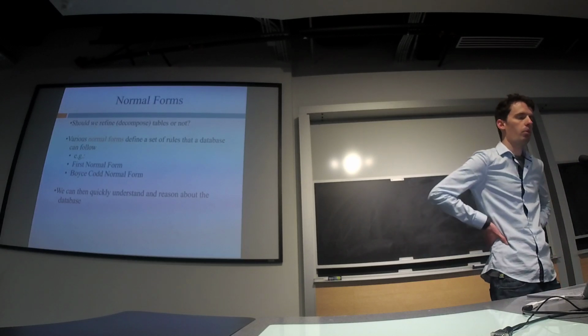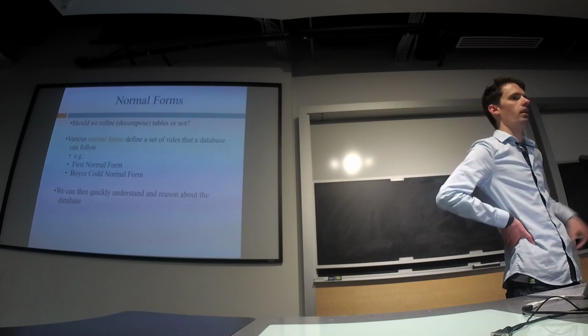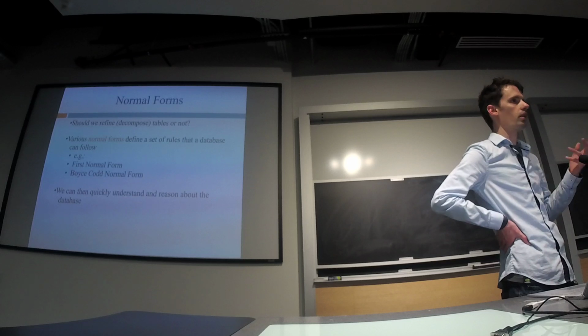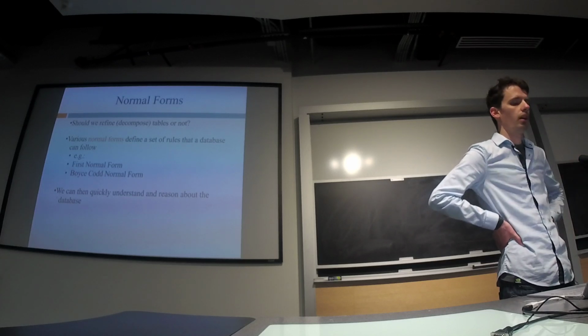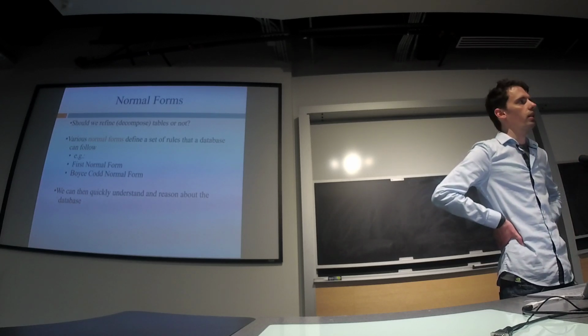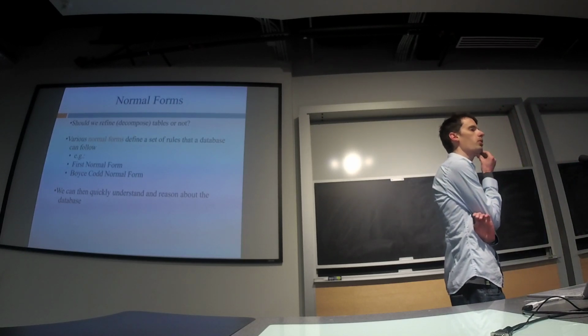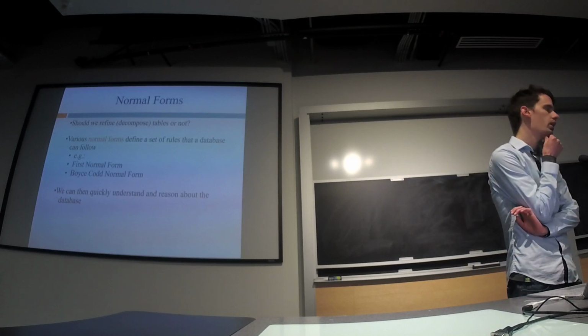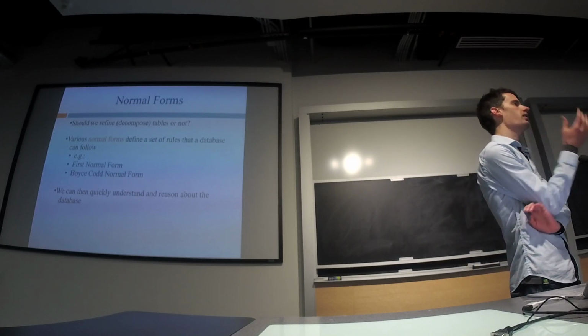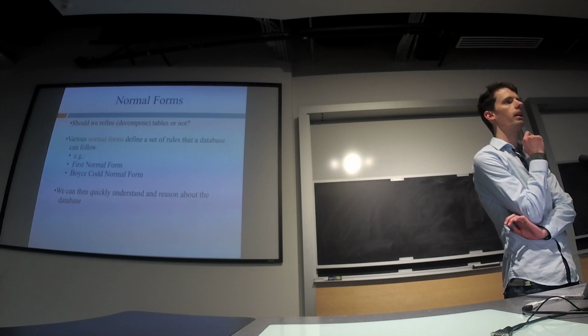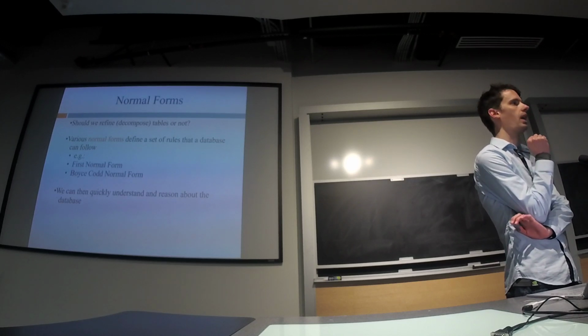A normal form is basically a set of rules, and there are multiple normal forms. Like first normal form, second normal form. These help you answer the question, should you decompose your tables or not? They also help when somebody says, yeah, my database is in first normal form. Then you can say, okay, I immediately know what that means.